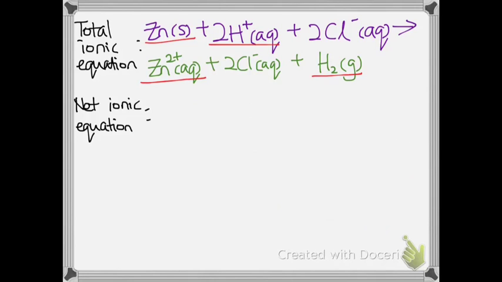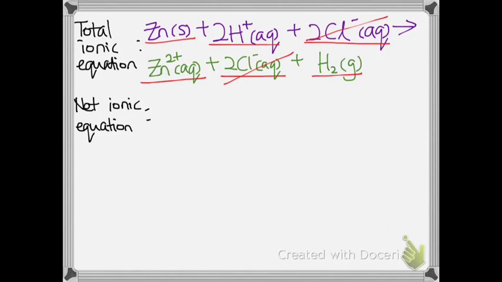Lastly, we look at the chloride ions. Chloride ions appear in the reactants. They also appear in the products. Therefore, the chloride ion in this reaction is a spectator ion. It can be cancelled out.